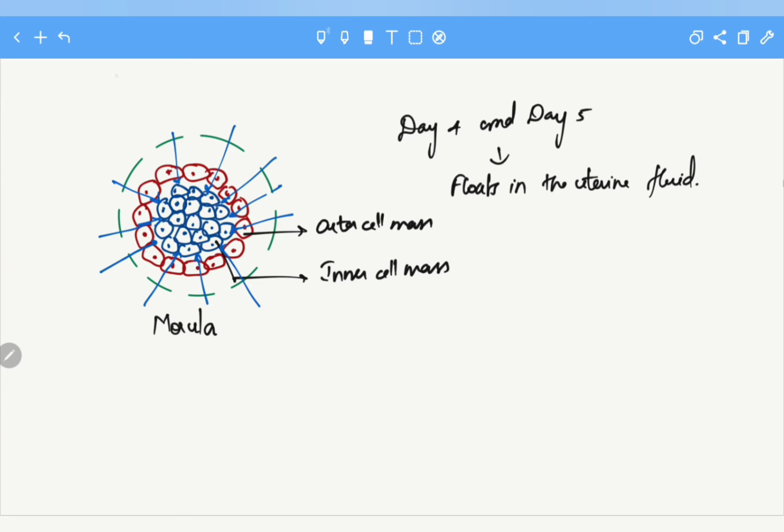So now the Zona Pellucida has started disintegrating and the fluid within the uterine cavity starts entering into the cavities between the cells. So of course you all know that this is the outer cell mass.